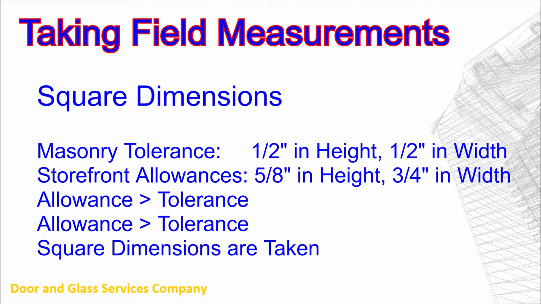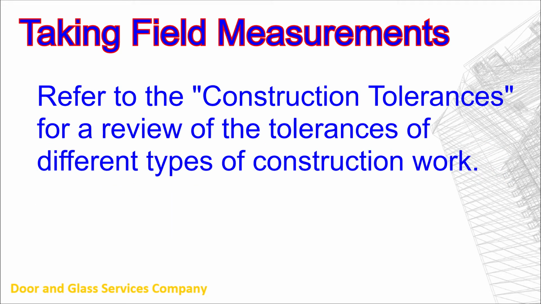Because our allowances are greater than the tolerances, we can take square dimensions. You can refer to our video on construction tolerances for a review of the tolerances associated with different types of construction materials.